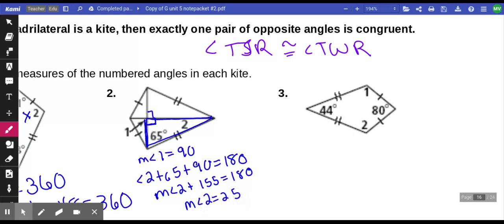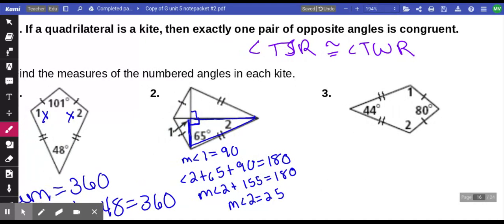So I want you to pause and try number 3, which is very similar to number 1. So number 3, I call 1 and 2 both x because those are angles that are equal. So it's 2x plus 124 because that's 44 plus 80 equals 180. Subtract 124. Oh, it doesn't equal 180. Sorry, it's not a triangle.